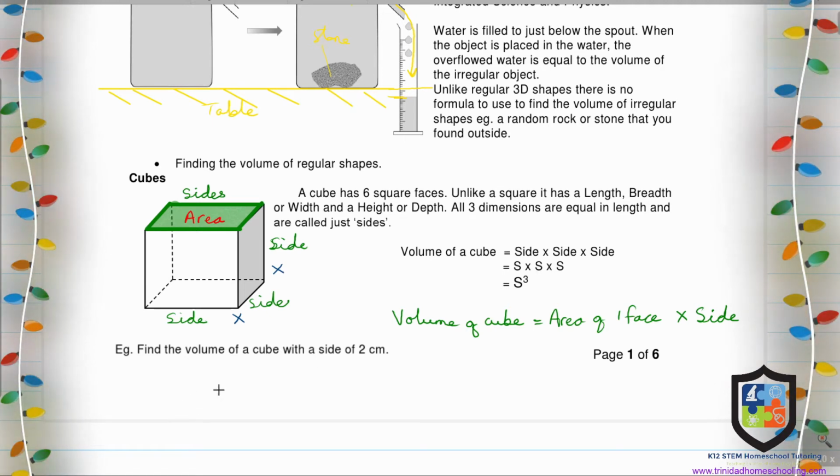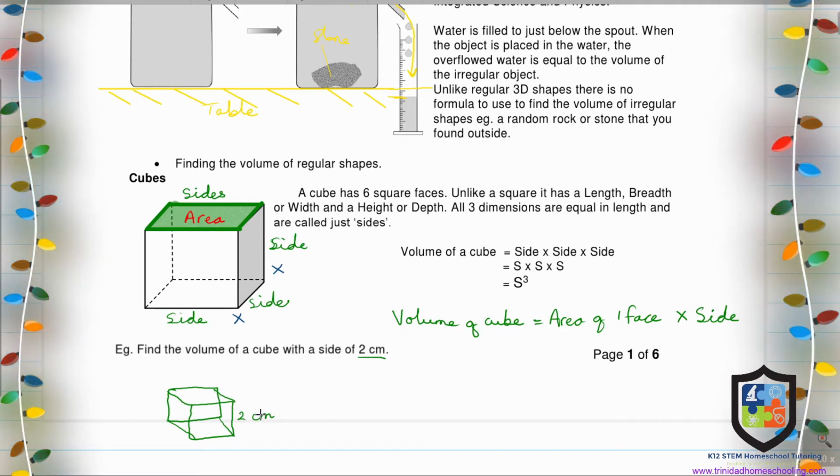Let's look at an example. Find the volume of a cube with a side of 2 centimeters. So you're going to imagine some cube, just sketch a cube, and each side is 2 centimeters.